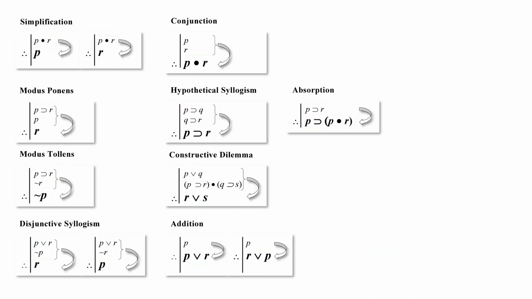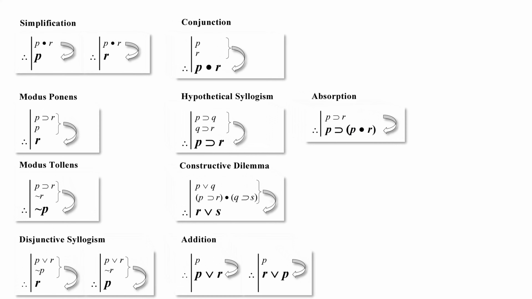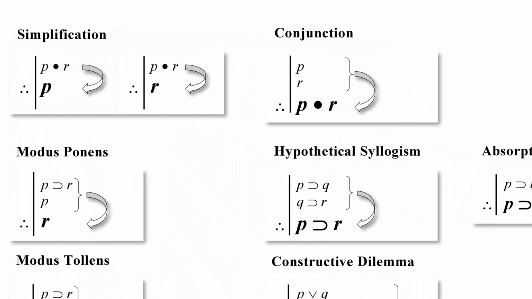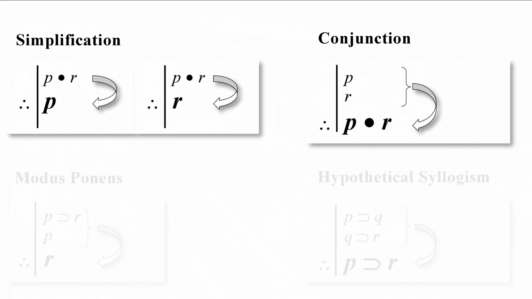Another way of classifying the inference rules concerns the type of complex proposition that the rule allows us either to infer or to use. So the simplification and conjunction rules allow us to decompose conjunctions and to compose conjunctions.